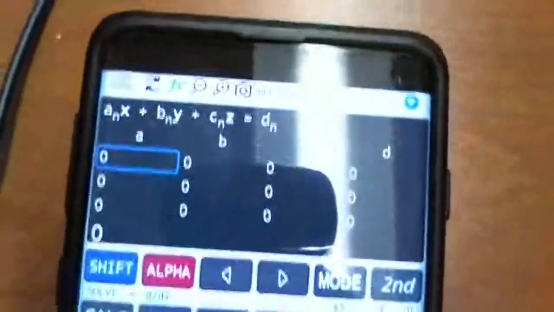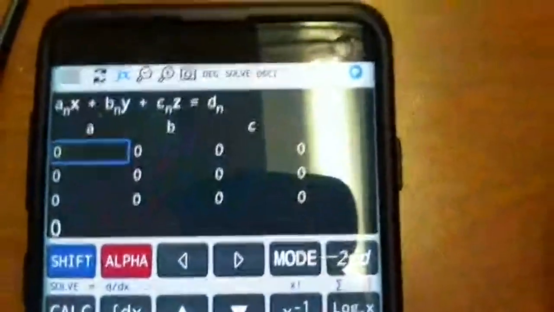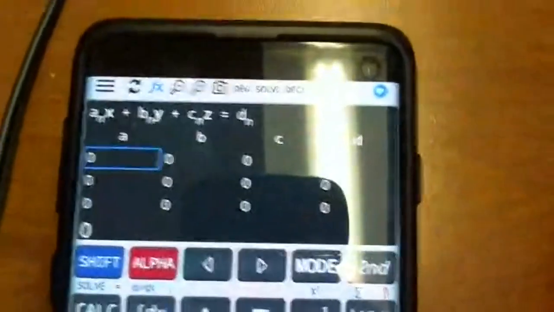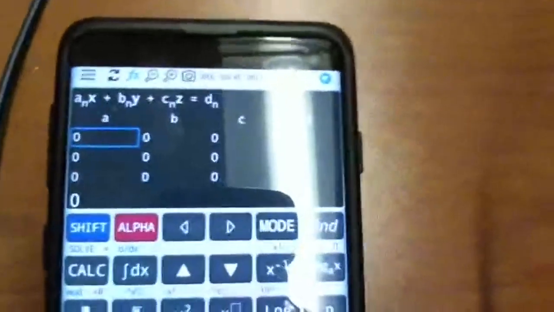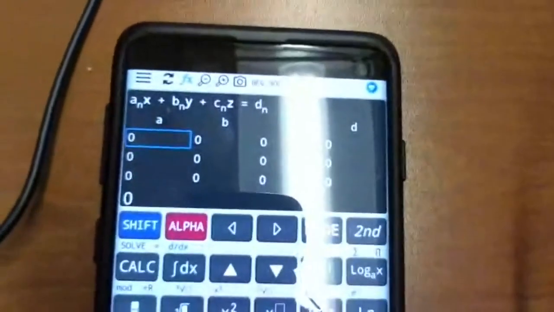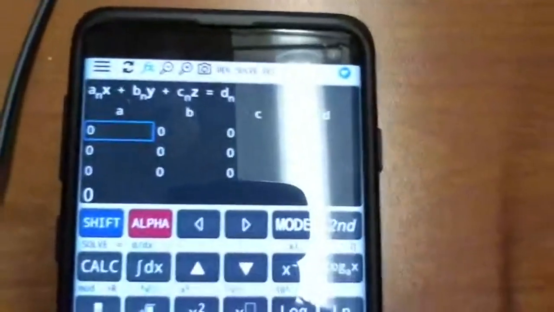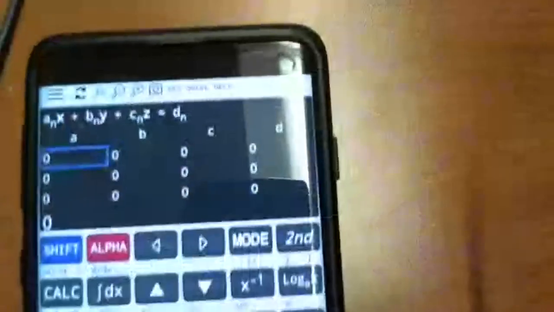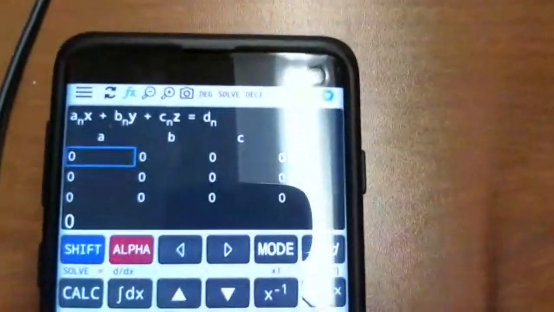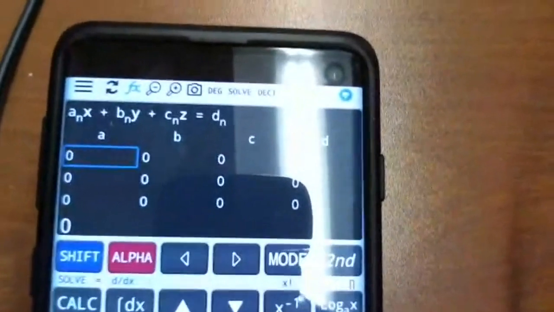Okay. So you should see something on your screen that kind of looks something like this. It might look a little different. The first thing you should do is press mode, then 5, and then 2. When you do that, it should look like this.